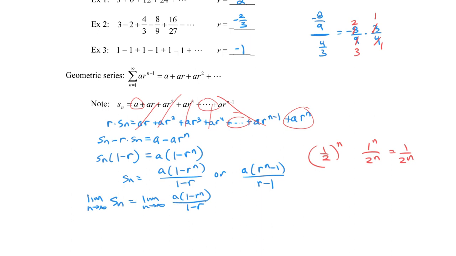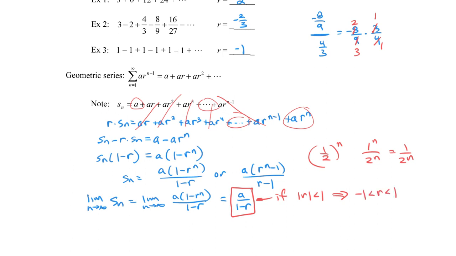So in this case, we would get A over 1 minus R. We would get that if the absolute value of R is less than 1, which implies that negative 1 is less than R, which is less than 1.